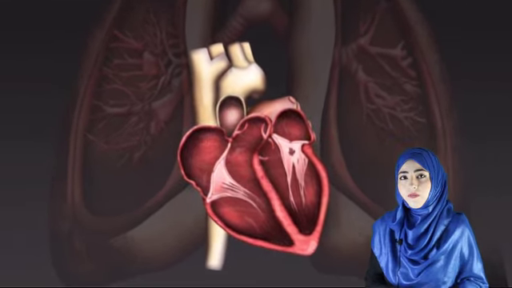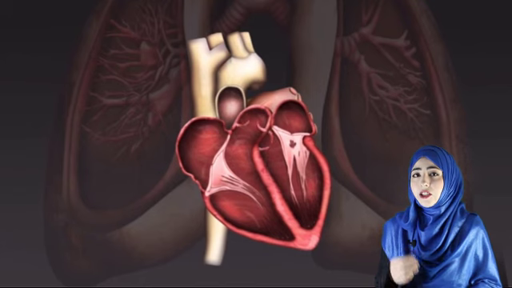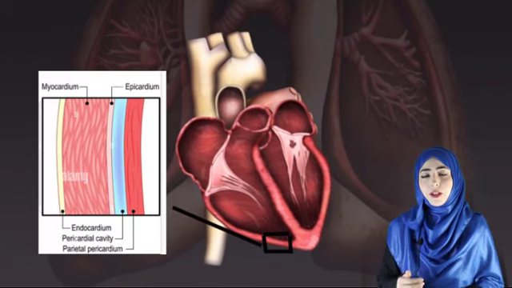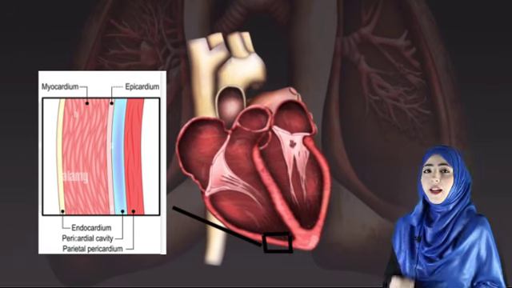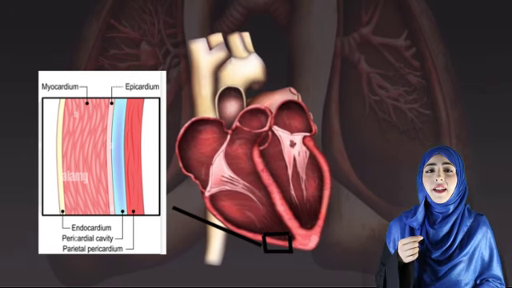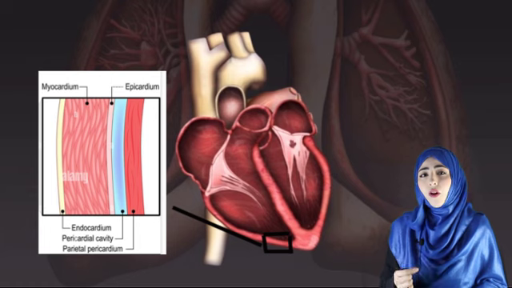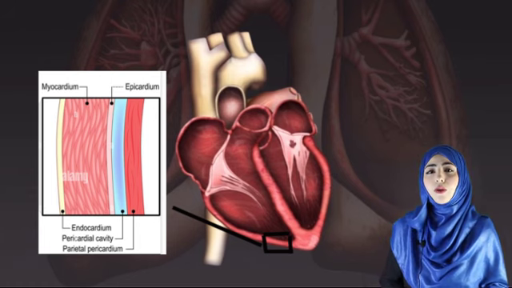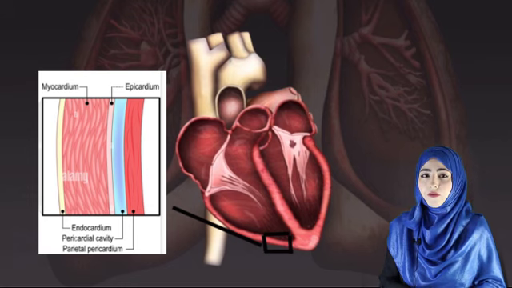The walls of each chamber consist of 3 layers from superficial to deep. The first is the endocardium, a thin internal layer or lining membrane of the heart that also covers its valves.